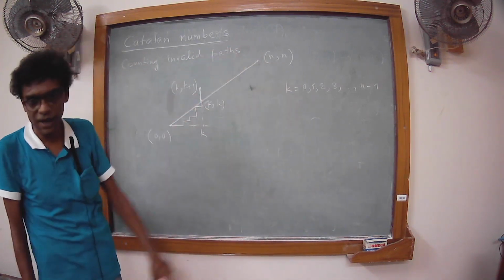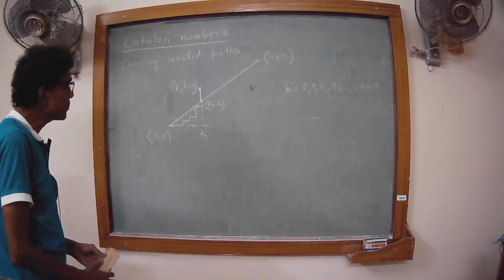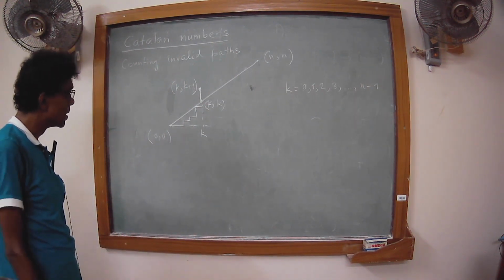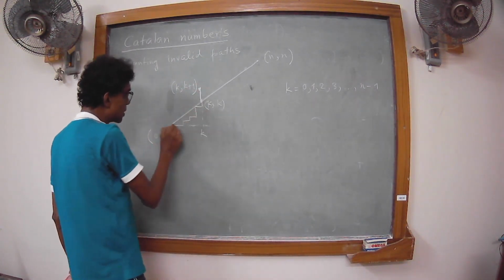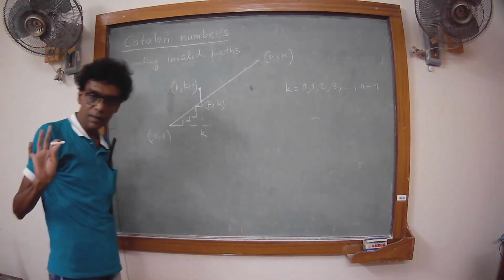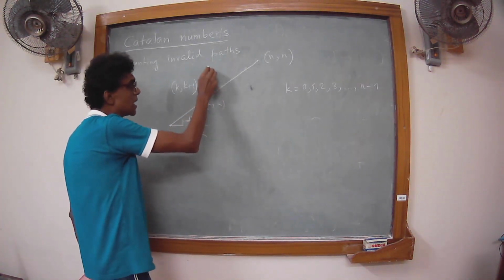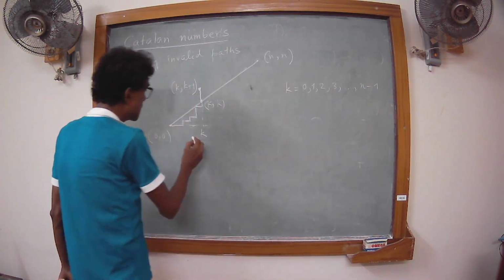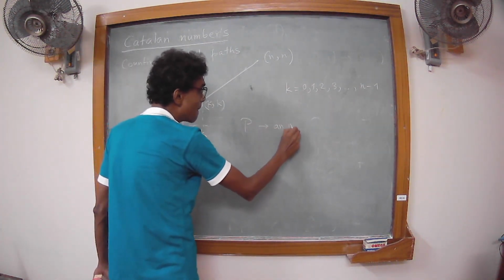No downward movement is allowed. Okay. Now I do a tricky construction. Now you have so far done something like this. Now this path has something like right, up, up, whatever. So this is the original path P, an invalid path.